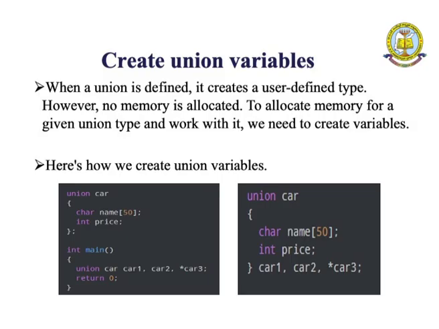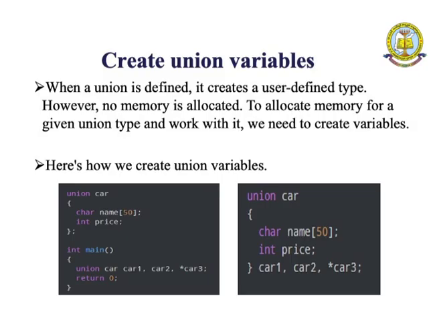So, here you can see some examples. Here I have taken union car, which is my union name. I have taken members car name of size 50, because I just want to store 50 car names, and I just want to store the price of the cars.